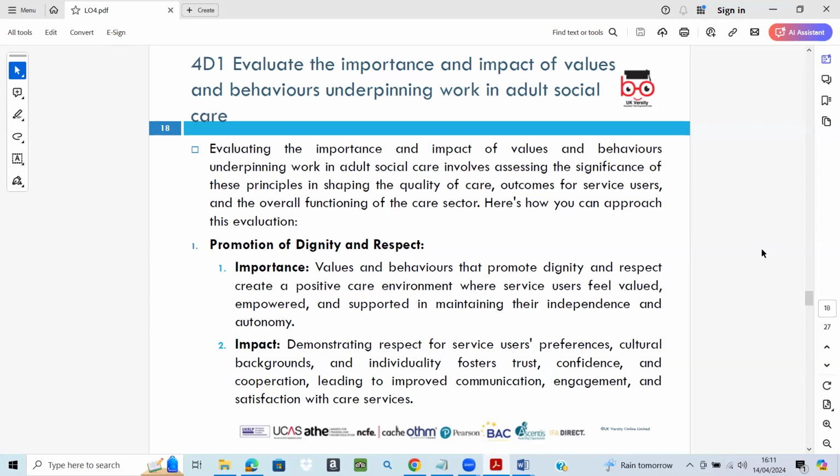It can improve staff morale and retention, as employees feel proud to be part of an organization that truly values and respects its service users. It also boosts the reputation of the facility, attracting more service users and potentially leading to better compliance with standards and regulation. So these are all the impacts of dignity and respect for a service provider.